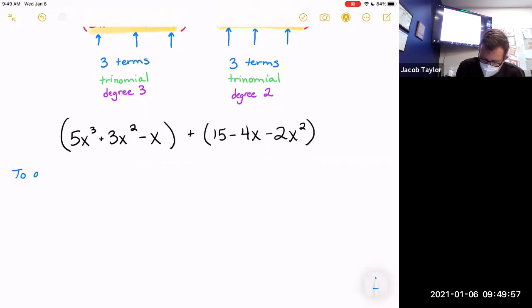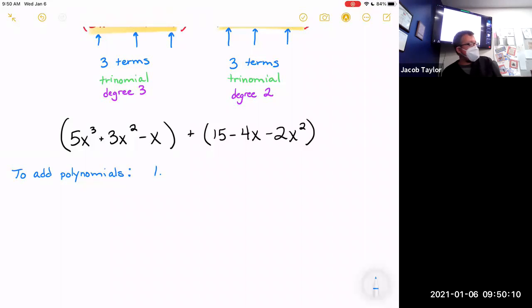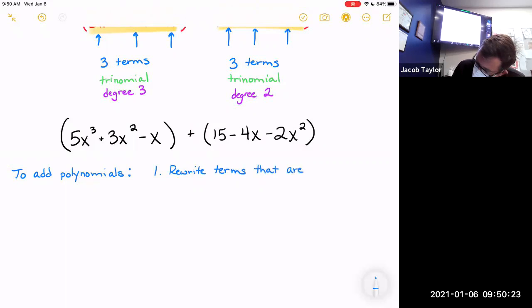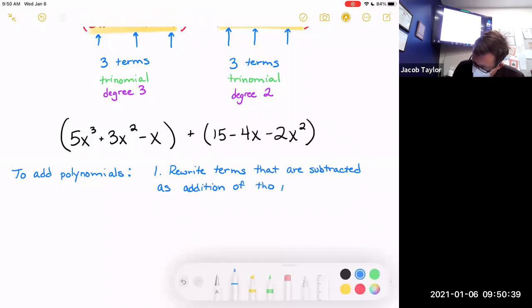To add polynomials, step 1: rewrite terms that are subtracted as addition of the opposite.